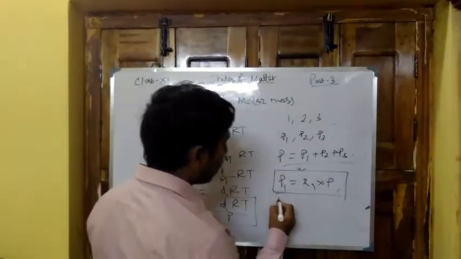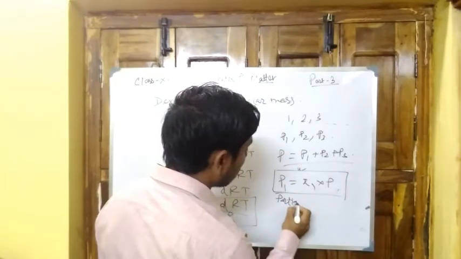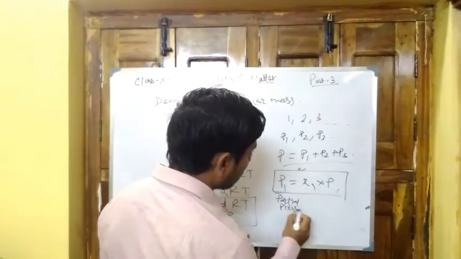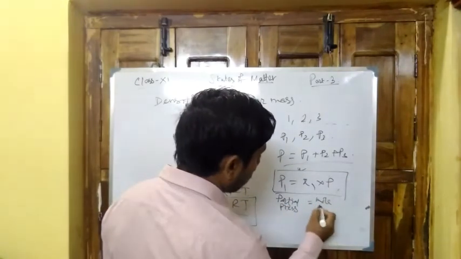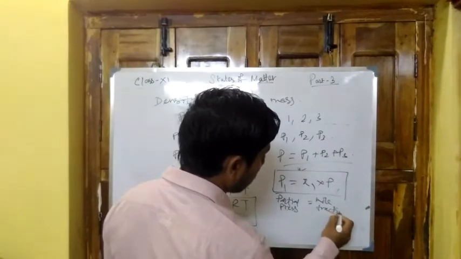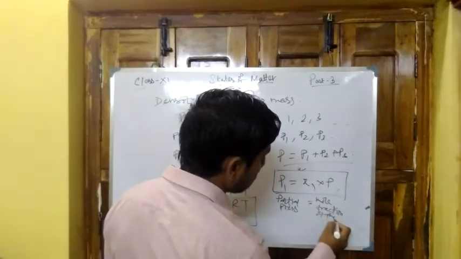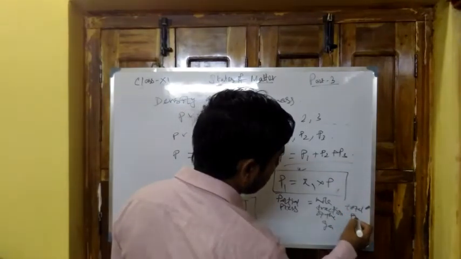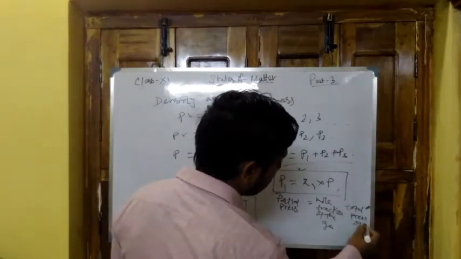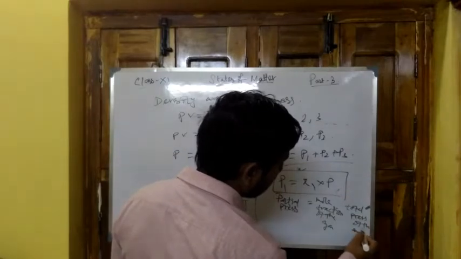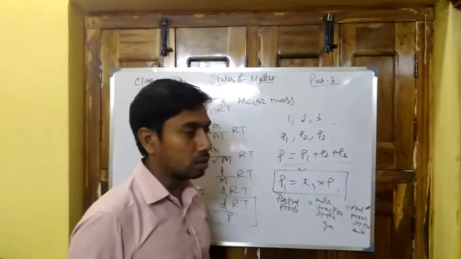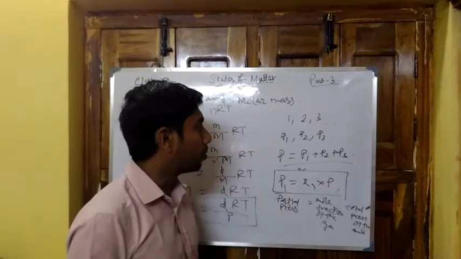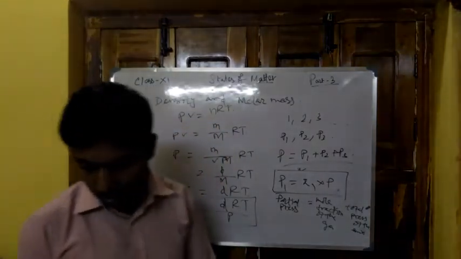That is, P1 equals x1 times P, where P1 is the partial pressure, x1 is the mole fraction of the gas, and P is the total pressure of the mixture. So this can also be derived from Dalton's law of partial pressure.